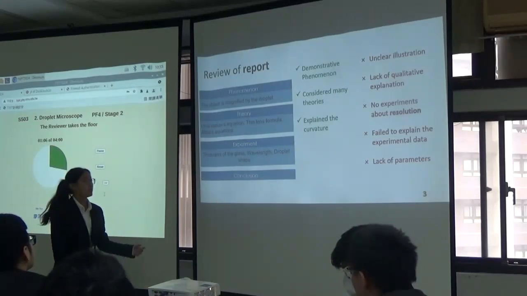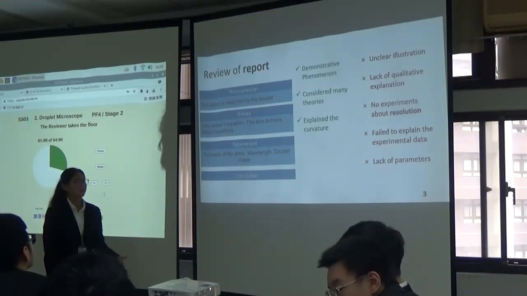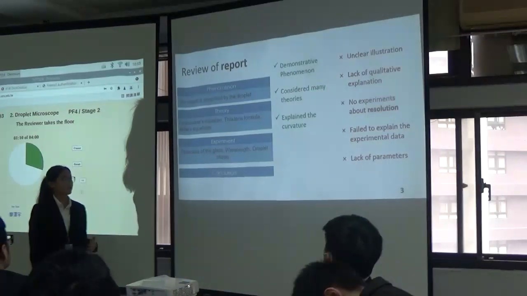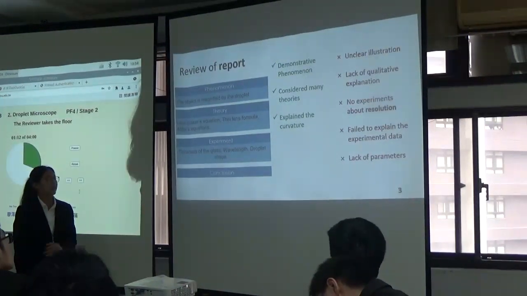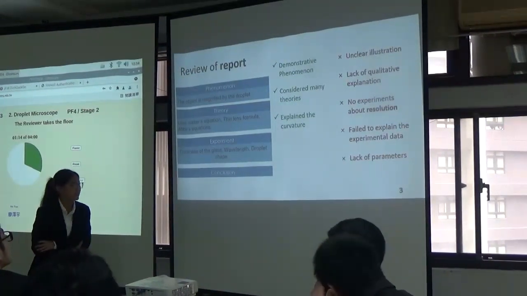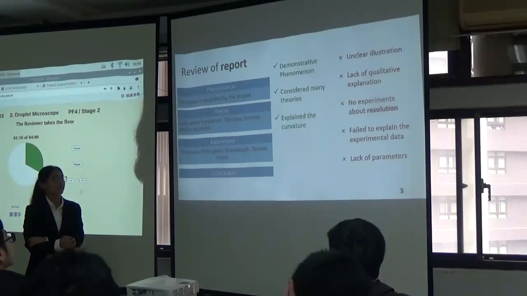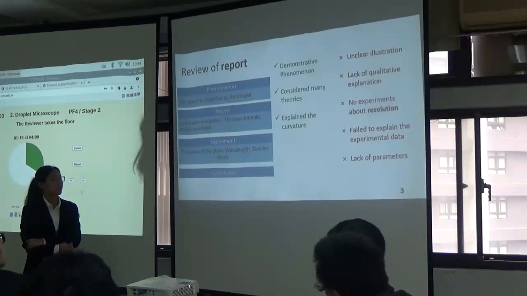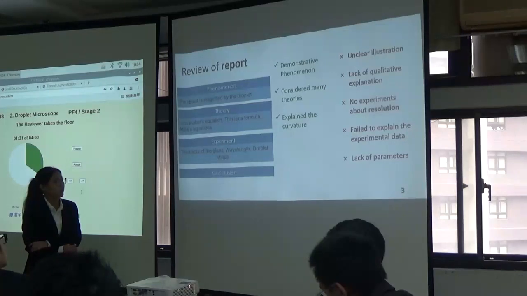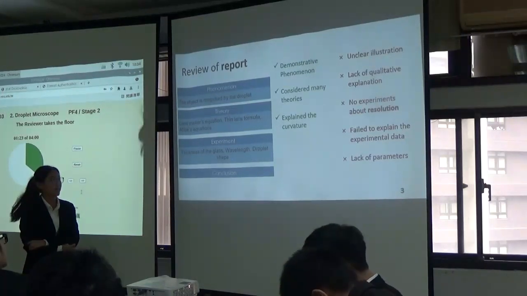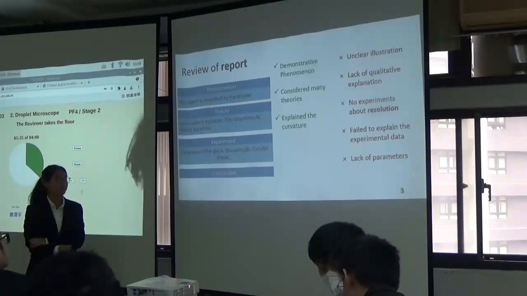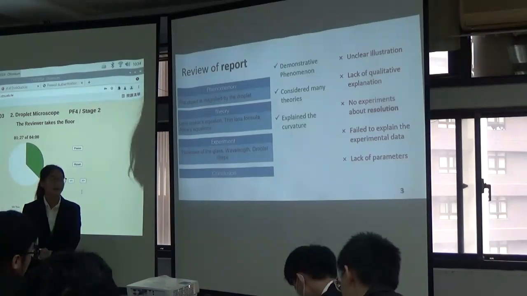I think he demonstrated the phenomenon well, considered many theories, and also explained the curvature. However, he has unclear illustration and lacks qualitative explanation. And also, he didn't talk about the resolution, failed to explain the experimental data, and lacked parameters.